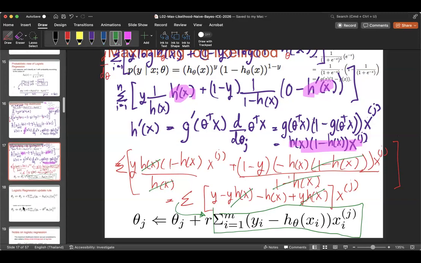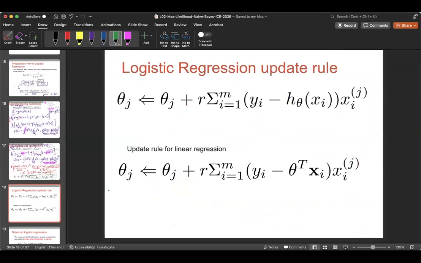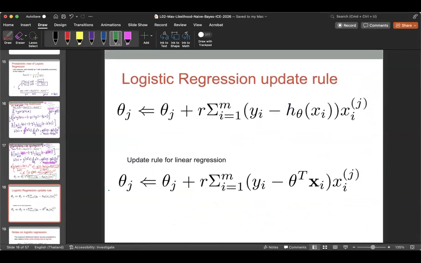Okay. We just showed that the logistic regression update looks very similar to the linear regression one. This is logistic regression, this is linear regression. They look very similar, but the setup is quite different.